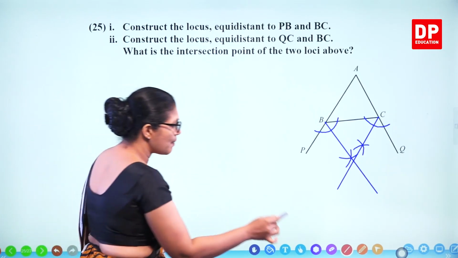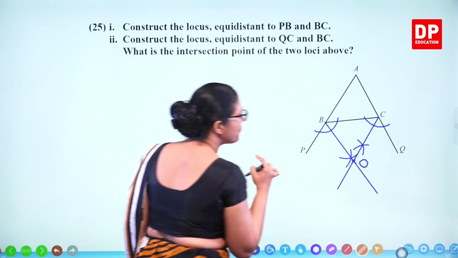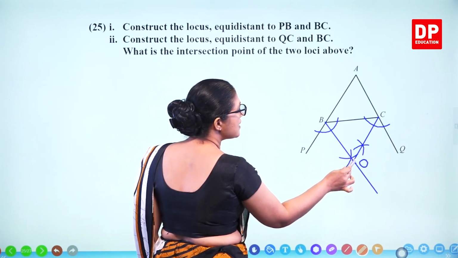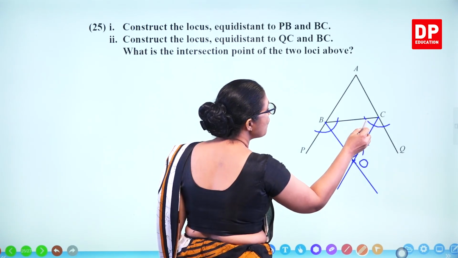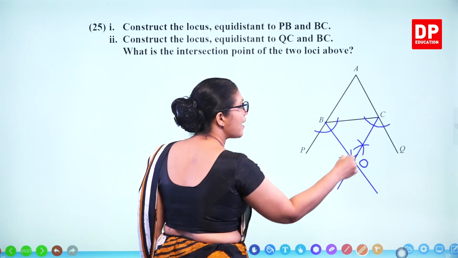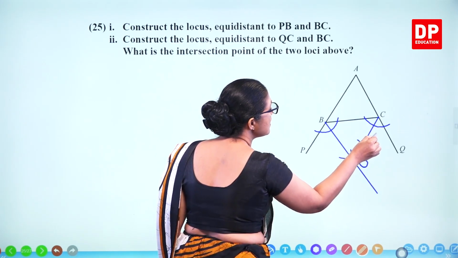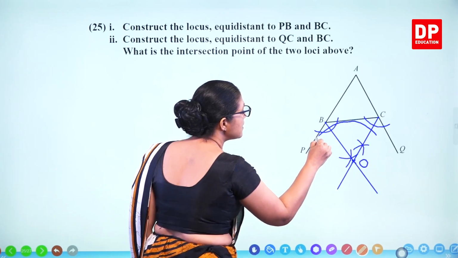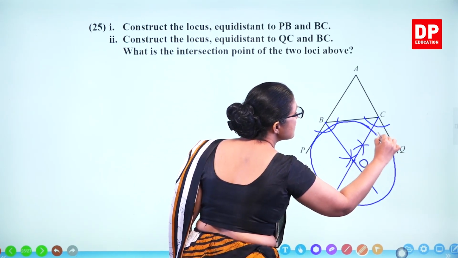We'll label it as O. So this is the center of the excircle. When you take angle bisectors, what happens? You can draw a circle that touches all three of these lines.